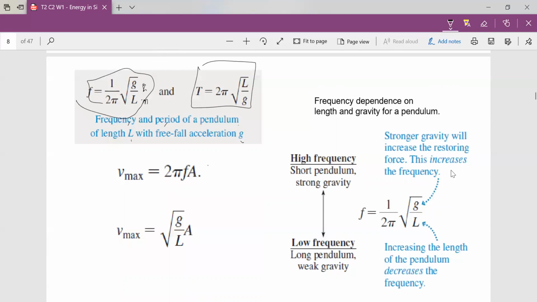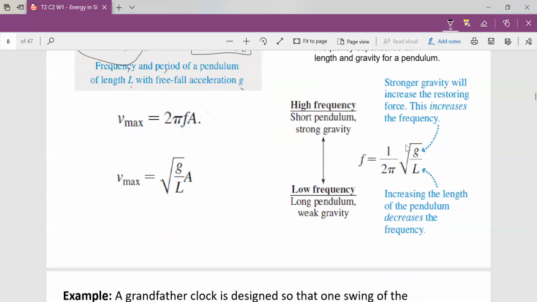I'm just explaining the implication of that equation: stronger gravity will increase the restoring force. The stronger the gravitational pull on an object, the more the restoring force tends to increase, and that depends also on the length of the pendulum itself, which is the length of the rope.